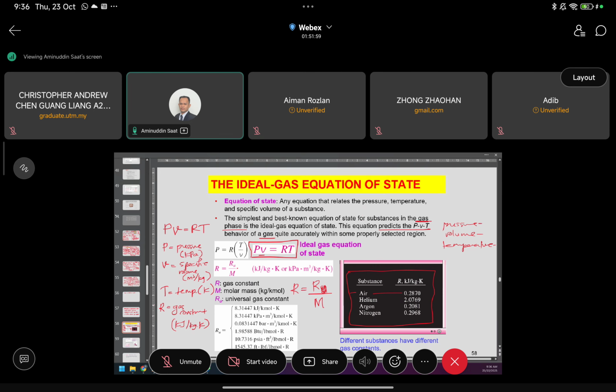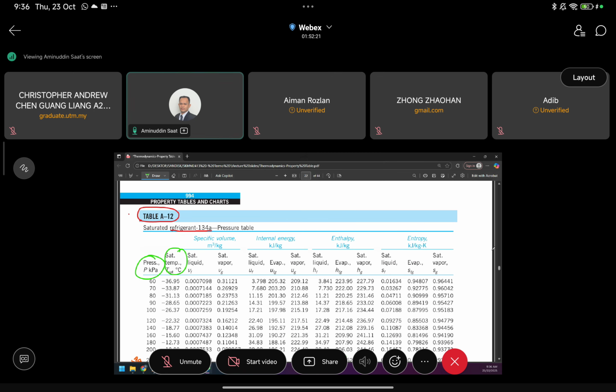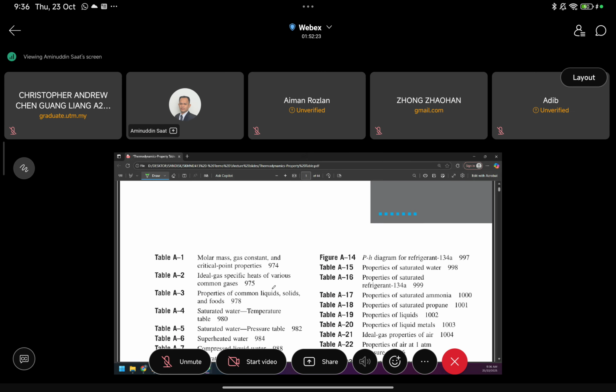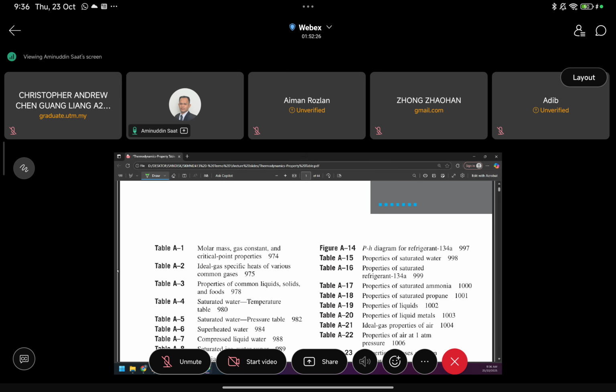For example, hydrogen, the molecular weight is 1. Oxygen, the molecular weight is 16 something. You can get this information from table A1, because table A1 is data for gases. Table A1 gives gas constant and molar mass.